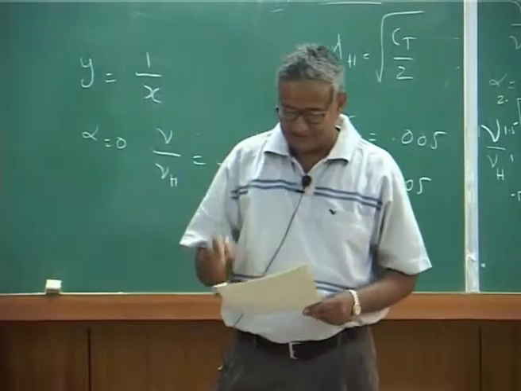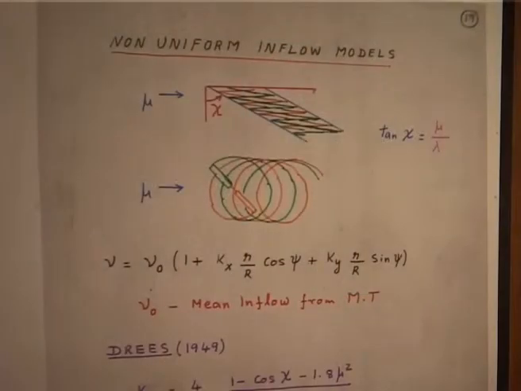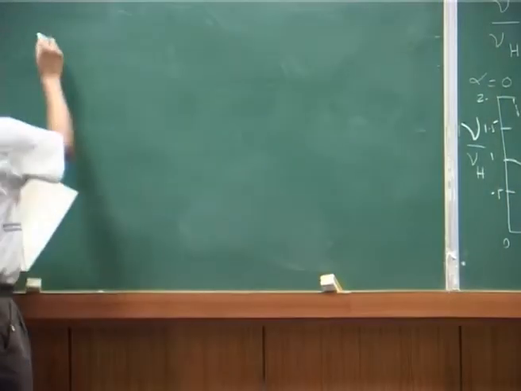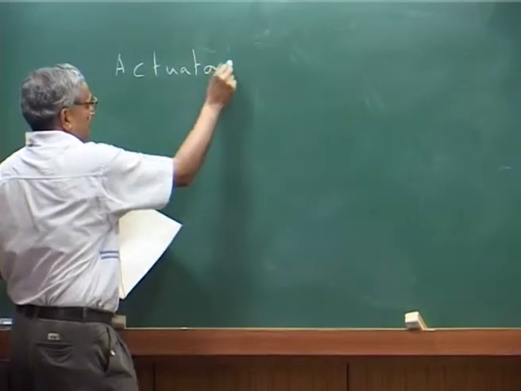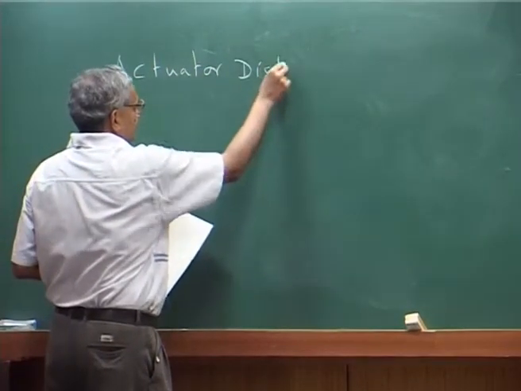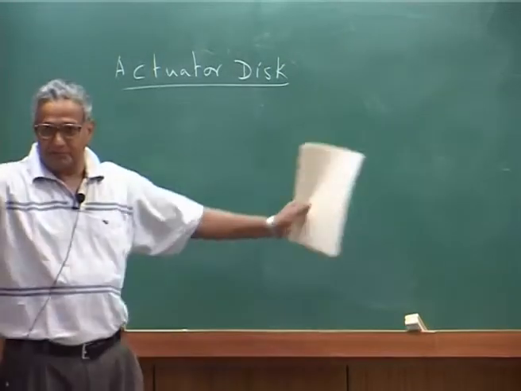With this assumption, I will just write it, because I will not go into the details of this formulation. So this is the actuator disc first, that means an infinite number of blades.